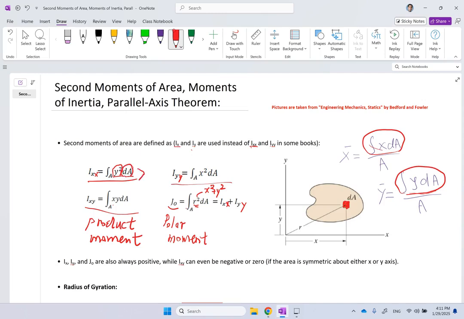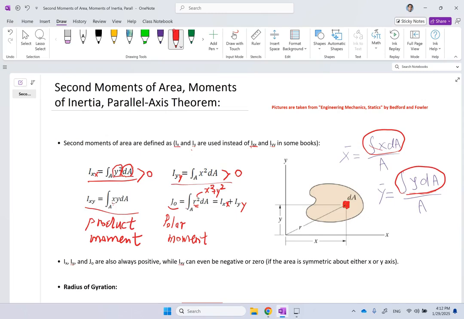So Ixx is always bigger than 0, and Iyy is always bigger than 0. These two are basically the principal moments, and by the way, that's not exactly principal; we'll talk about principal later. But these two are always positive numbers.